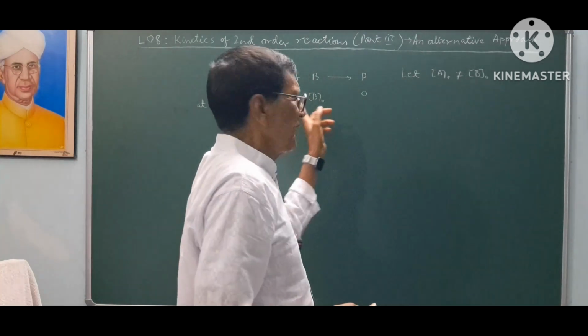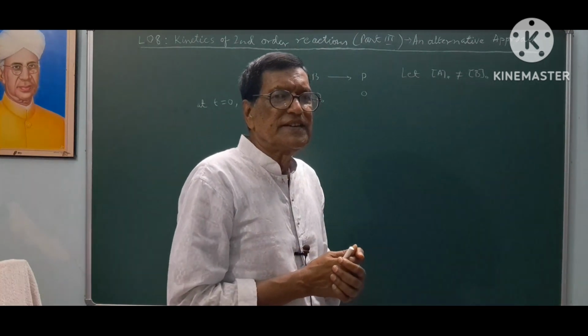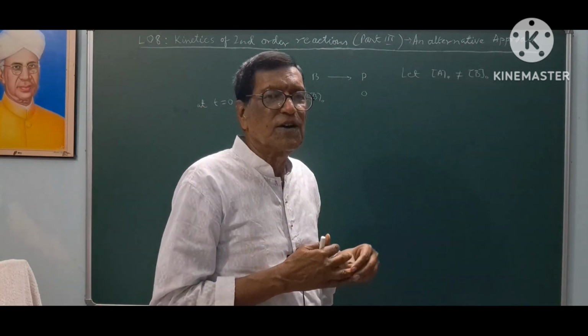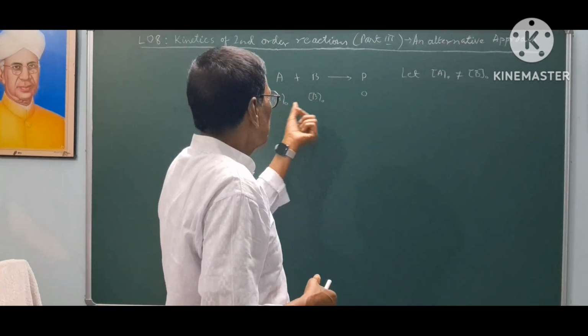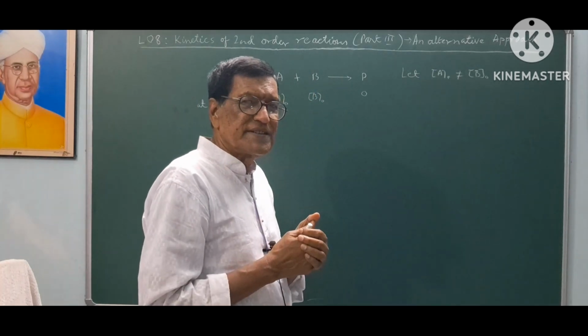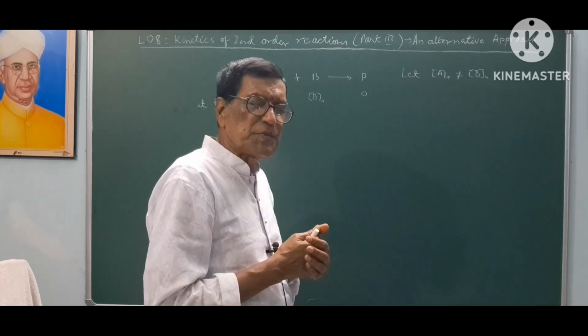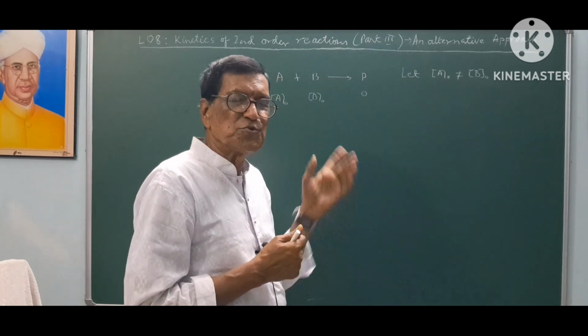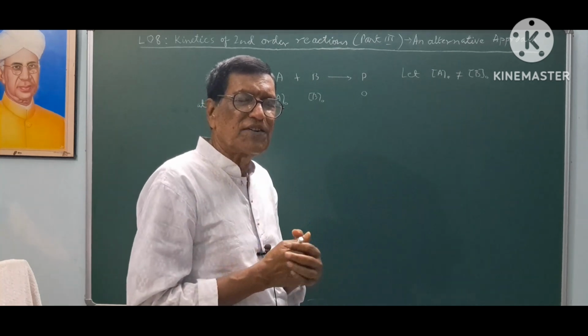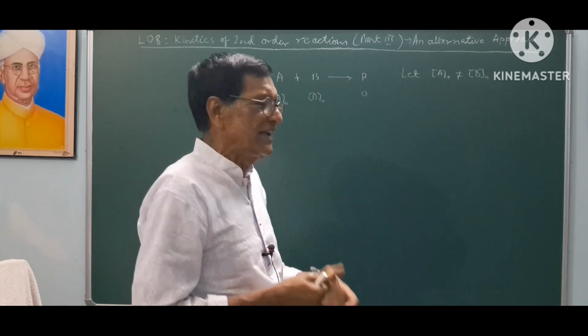The square brackets indicate the molar concentration of the respective substances, and these two, A0 and B0, are known to us while we are doing this experiment. These are the initial concentrations of the two reactants, and they are not equal.